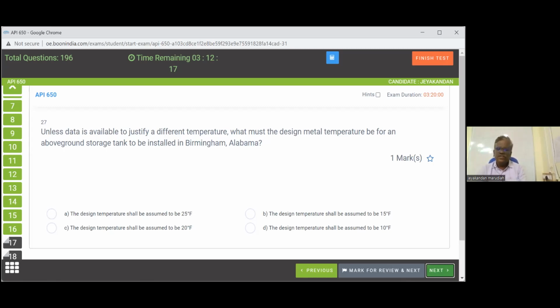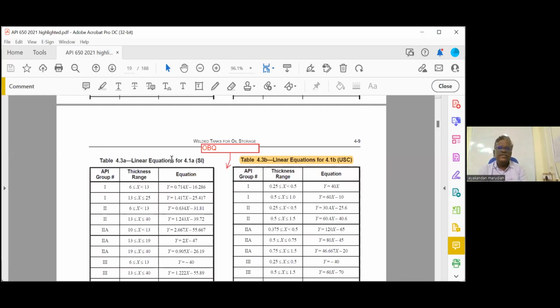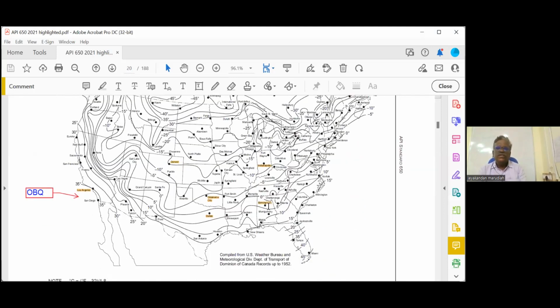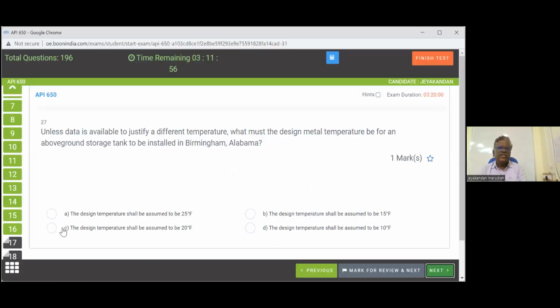Birmingham, just check what temperature they are given. So Birmingham is here. It is close to 5 degree, not 0. 5 plus 15, we have to add 5 plus 15. So the answer is 20 degree Fahrenheit. That is the state they are checking. Okay, next.